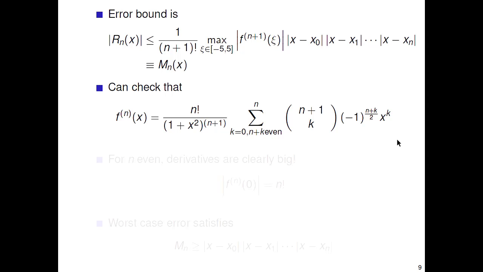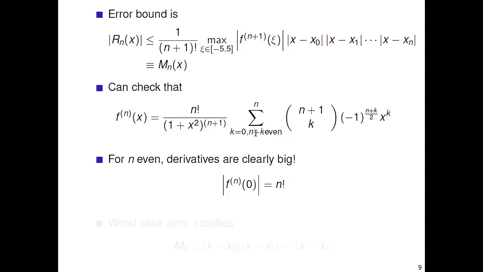Think about what's an easy value of x to put in. An easy value of x is probably 0. This term obviously is simple when x equals 0, and most of these terms are going to vanish when x equals 0, everything except our constant term. So if we say n even, and we're going from k equals 0 to n, we have our x to the k term. That's our only non-zero term here.